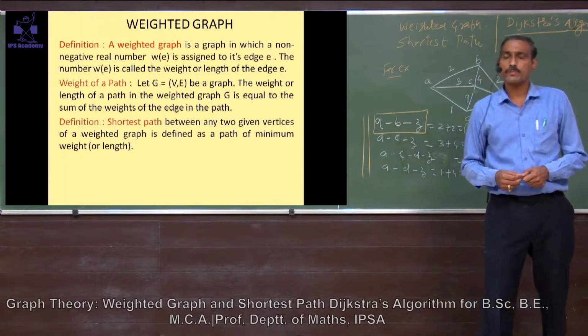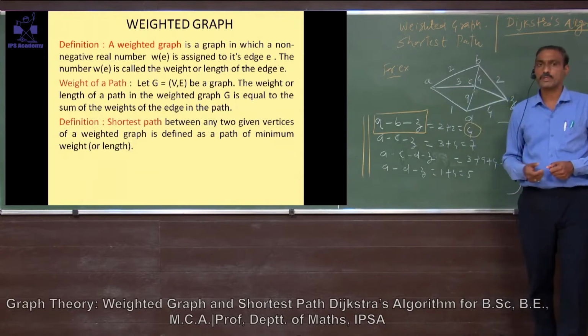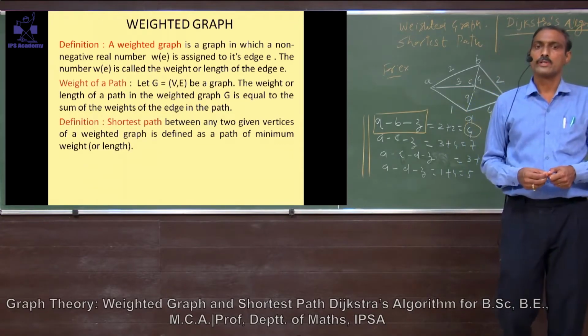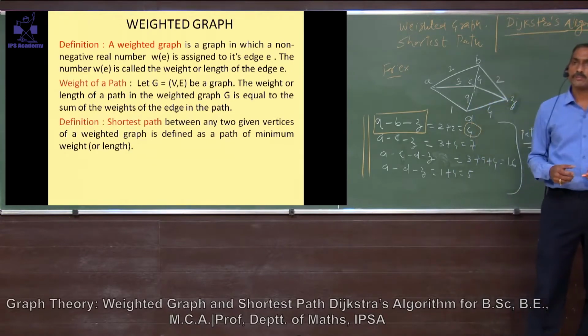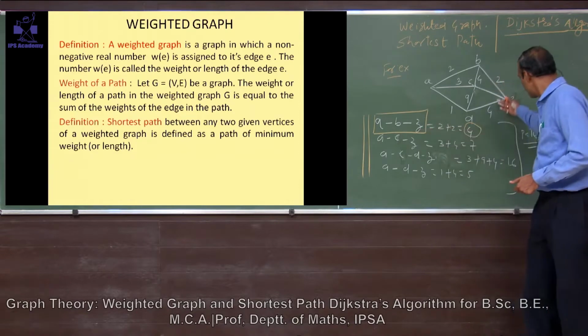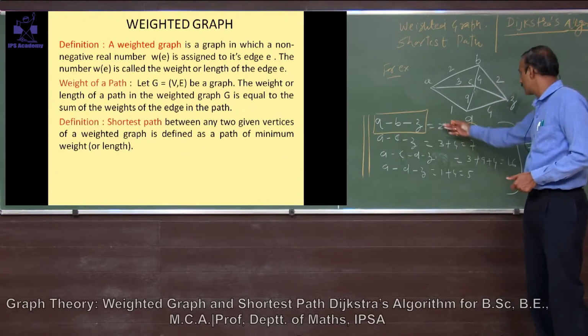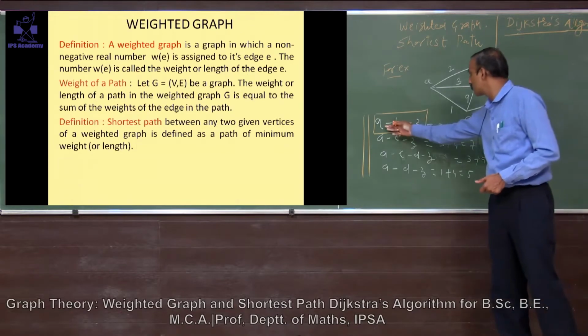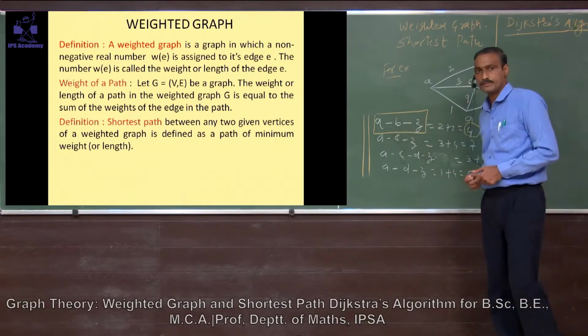The shortest path between any two given vertices of a weighted graph is defined as the path of minimum weight or minimum length. Here 4 is the minimum among them, so the shortest path of this graph will be A to B to Z.